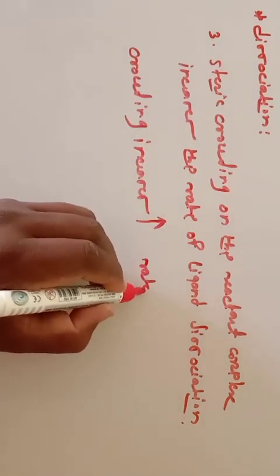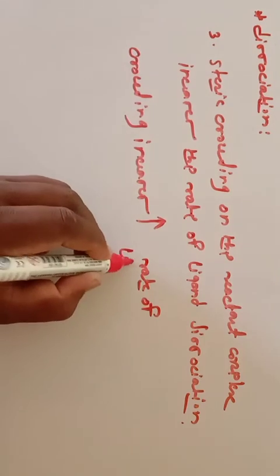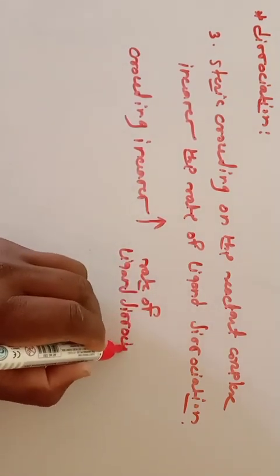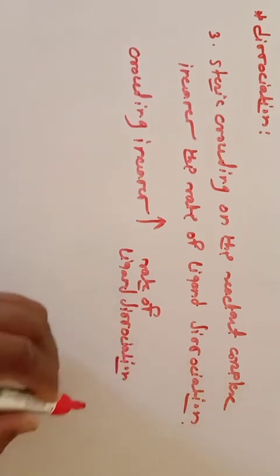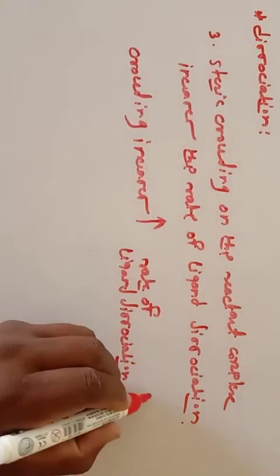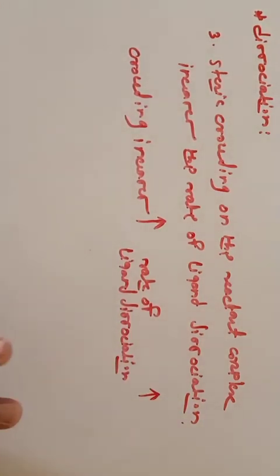So as crowding increases, the rate of ligand dissociation increases. After dissociation, there is a substitution, so the first step is dissociation. Therefore, as crowding increases, the rate of ligand dissociation increases, or we can say the rate of the reaction also increases. So this is all about the dissociation.